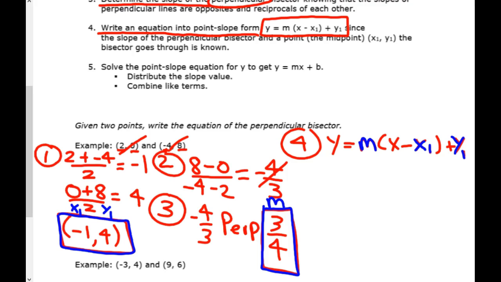So let's rewrite it. y equals m, which is 3 over 4, times x minus, what's x1? Negative 1. So I can put minus negative 1, but we know minus a negative turns into a plus sign.